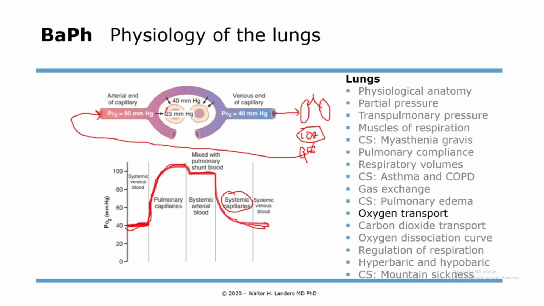And in the cells themselves, it's even 23. So it first diffuses into the fluid and then goes into the cells. And what you then get is that the PO2 will slowly become the same as interstitial fluid, and therefore it will be 40. And that's one cycle of oxygen transport.